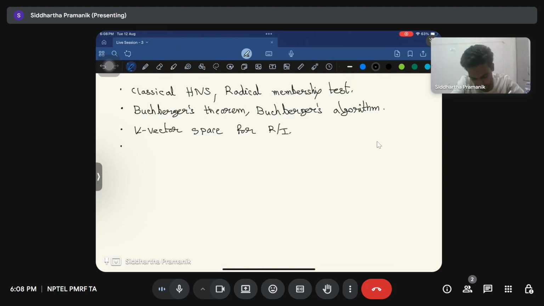Then we have seen some criteria for when the variety of an ideal is finite.